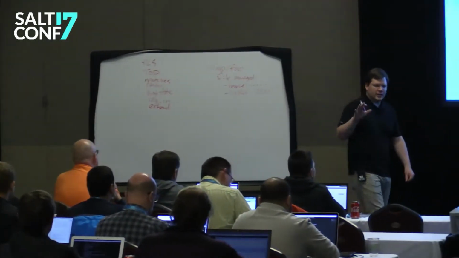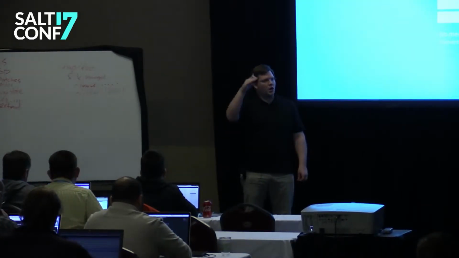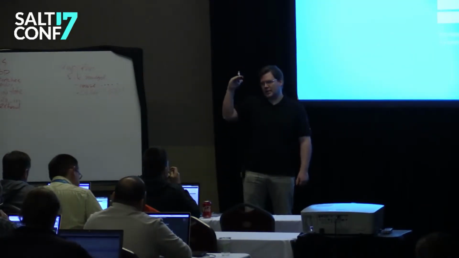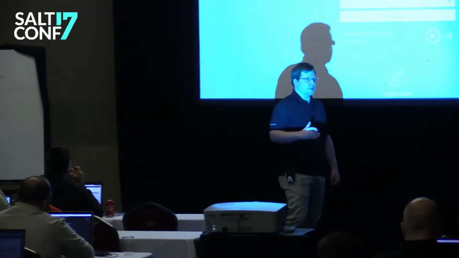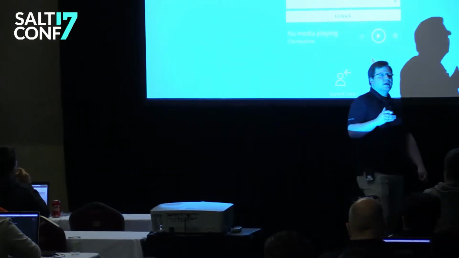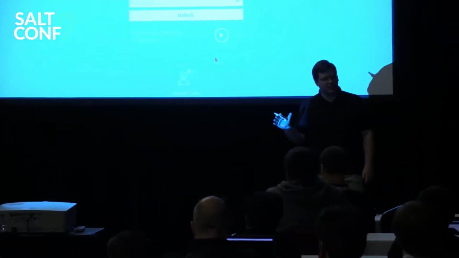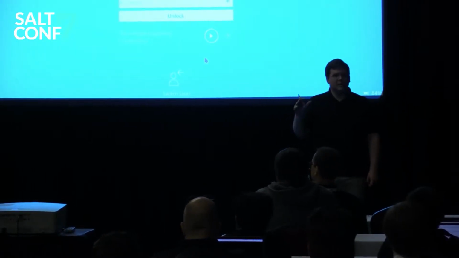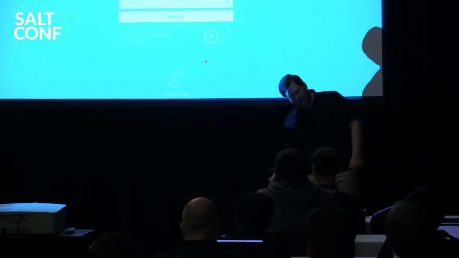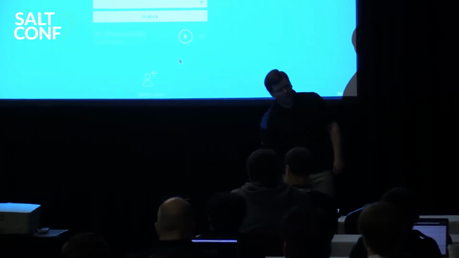With requisite ends, we go through and evaluate all of the states in the high state data set, and we scan for all of the requisite ends. And then we turn all of the requisite ends into extend statements, because at the actual runtime, when we get all the way down to dealing with requisites, requisite ends don't exist anymore.